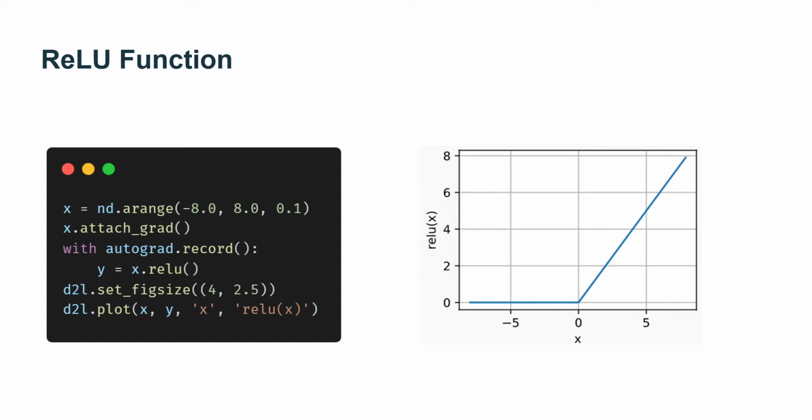Note that the ReLU function is not differentiable when the input takes the value precisely equal to 0. In this case, we go with the left-hand side derivative and say that the derivative is 0 when the input is 0. We can get away with this because the input may never actually be 0.